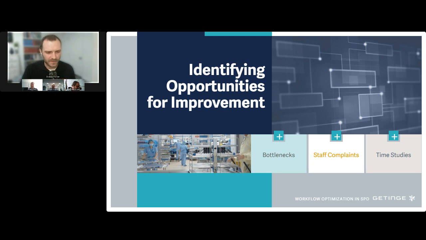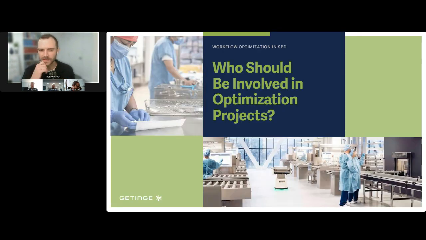Along those lines, as we're thinking about optimization projects, and we've identified what our problem is, and we want to start creating some ideas about how to make things better, I want to ask the question, who ought to be involved in that? This is the stereotypical problem of inventing a solution without involving the right people.